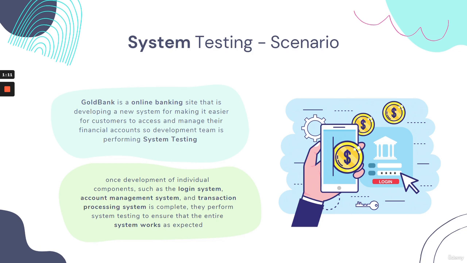Once the development of individual components, such as the login system, user account management system, and transaction processing system is complete, they perform system testing to ensure that the entire system, all three systems, are integrated together and work as expected seamlessly.